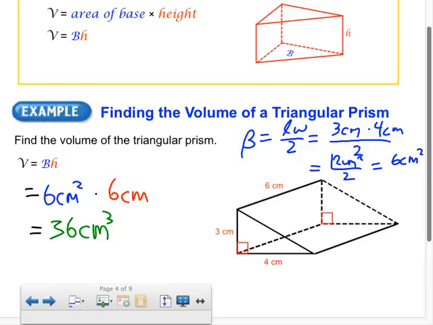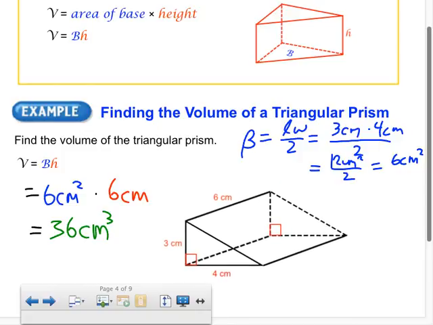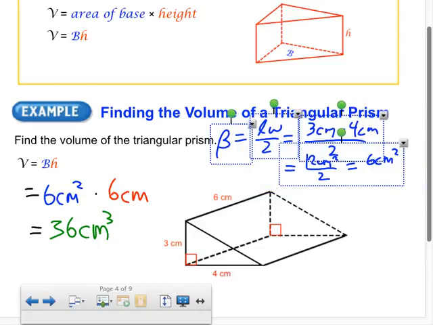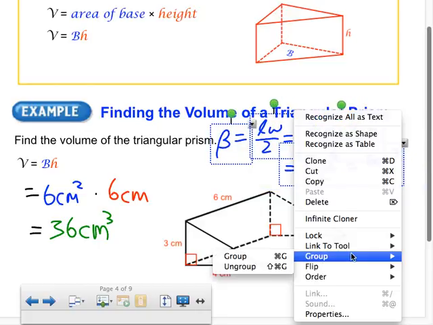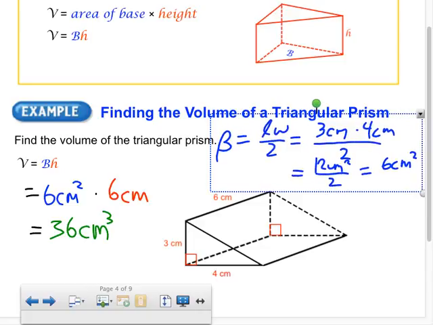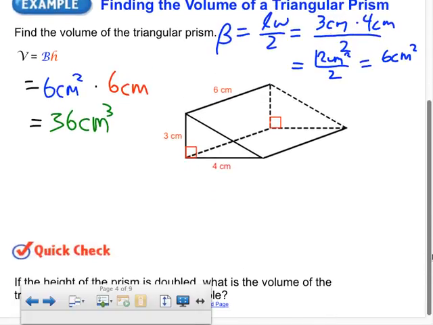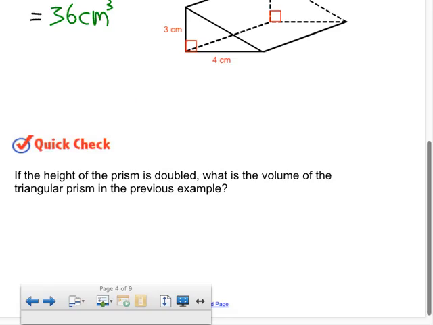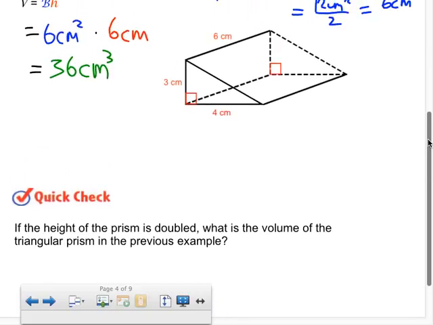Okay, now that we have that figured out, let's answer this question. If the height of the prism is doubled, what is the volume of the triangular prism going to be in the previous example? If we doubled the height, what happens?